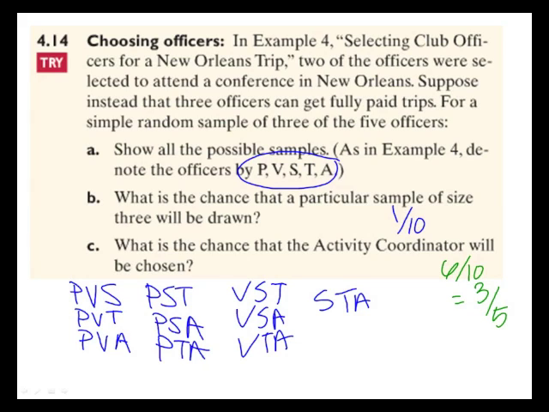So how did y'all get 6 out of 10? Yeah, so 6 of these 10 have A's in them. What's another way that you could have determined the probability of an activity coordinator going?